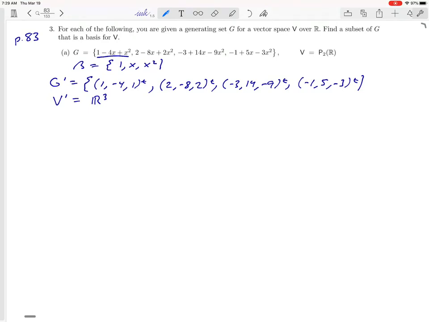Now here's where we go back to the technique that we developed way back in section 1.6, I believe, and ask the question, how would we pick out the vectors in this set G prime that are enough to form a basis for R3? We can answer that question by making a matrix. Each column in the matrix is going to be one thing from G prime. So we'll start with 1, negative 4, and 1, and just copy each of our coordinate vectors one at a time.